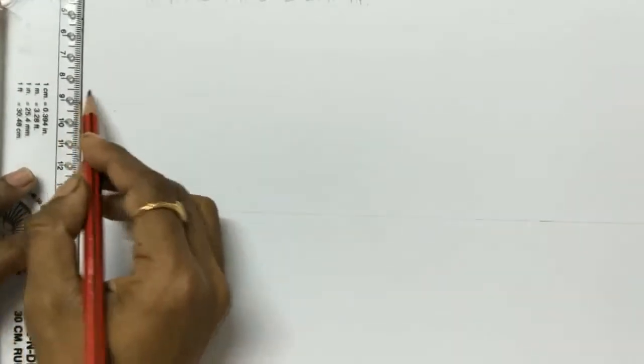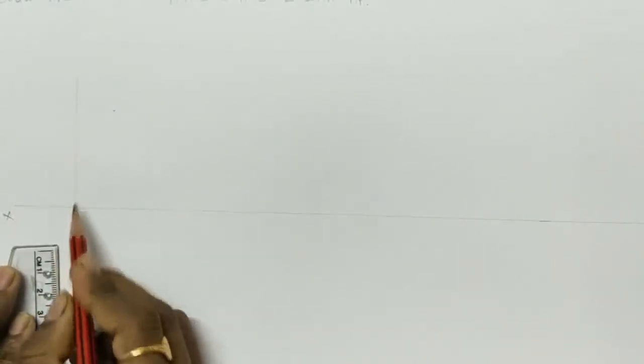So we will take side AB, the base, as vertical. Draw a line, and AB is given as 30 mm. You can take a random distance from the XY line, and I will draw a line AB of side 30.